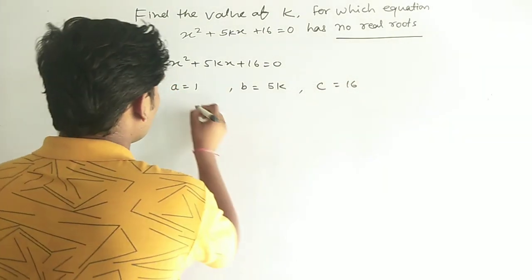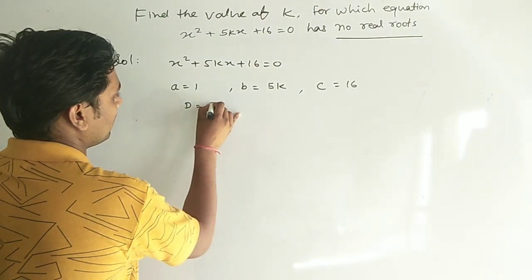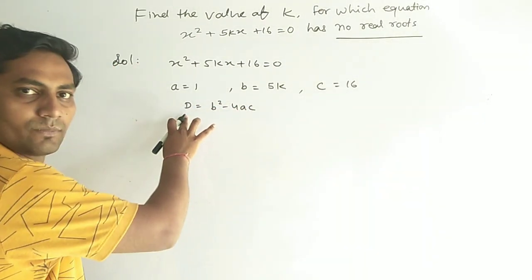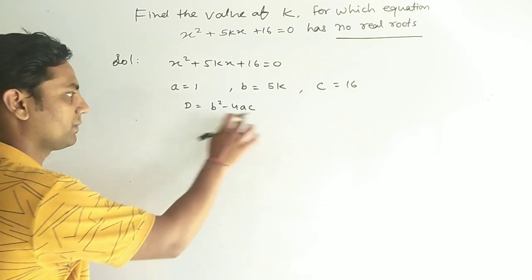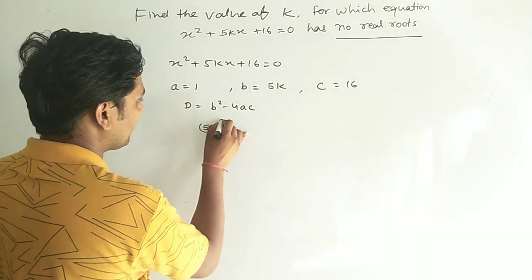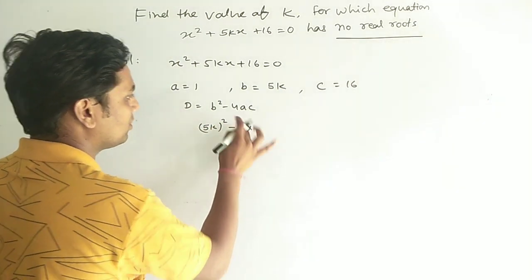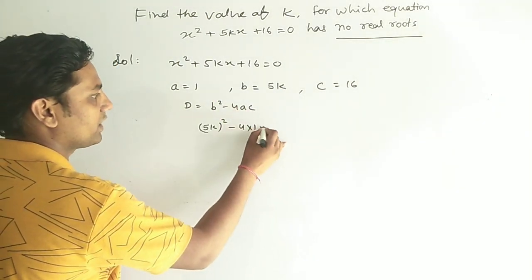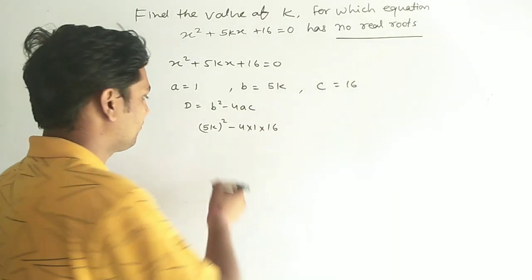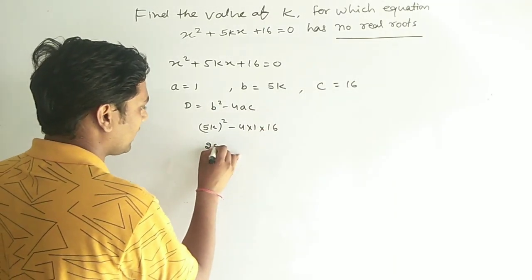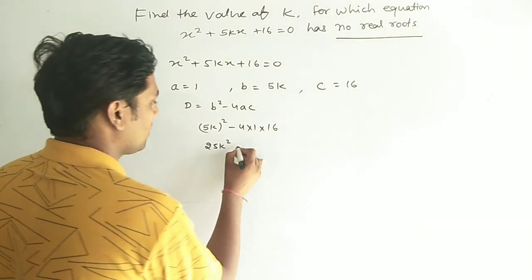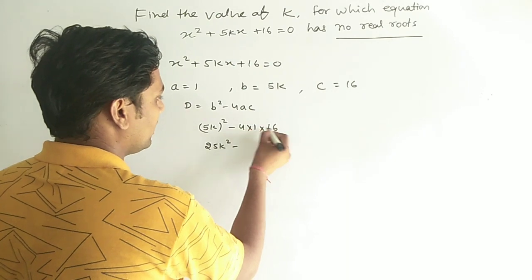Now D equal to b square minus 4ac, the discriminant. Put the values: 5k square minus 4 into 1 into 16.